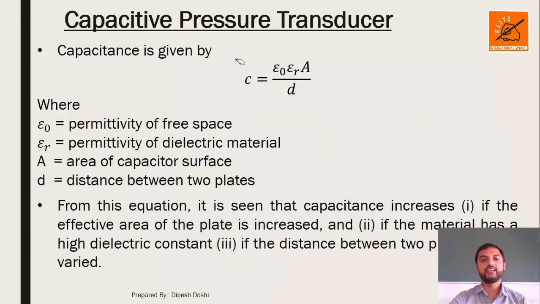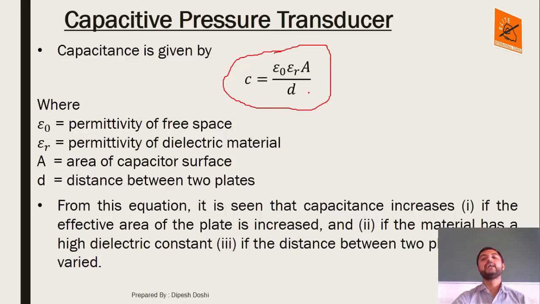So here the capacitance is given by this formula, C equals epsilon 0 epsilon r A divided by D, where epsilon 0 is permittivity of free space, epsilon r is permittivity of the dielectric material, which we have put between the plates of the capacitor. A is the area of capacitor surface and D is the distance between two plates.